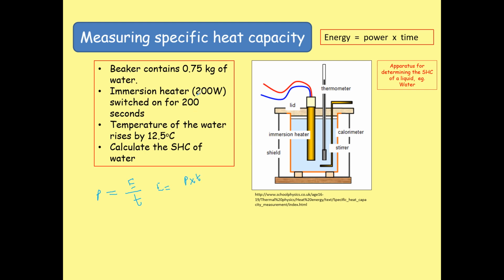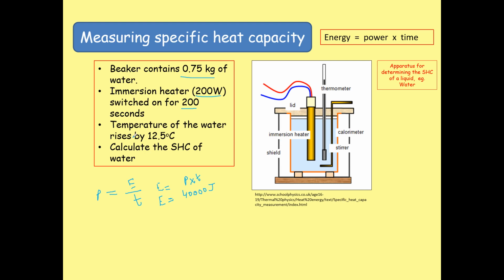We have the power, which is 200, and we have the time, which is also 200. And remember, watts correspond to joules per second. So it is going to be 2 times 2, 4, with 4 zeros, that is going to be 40,000 joules of energy, right? That is what we have supplied to this 0.7 kilograms of water.